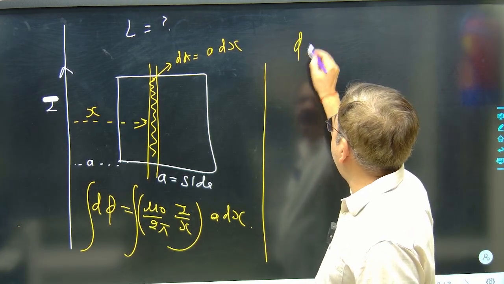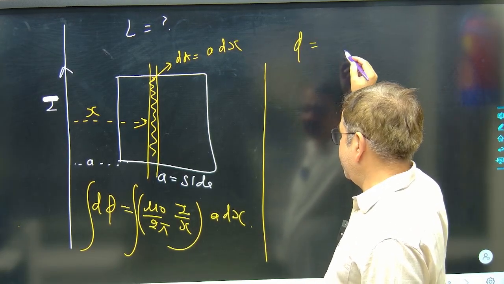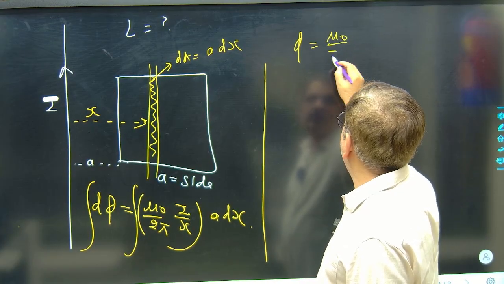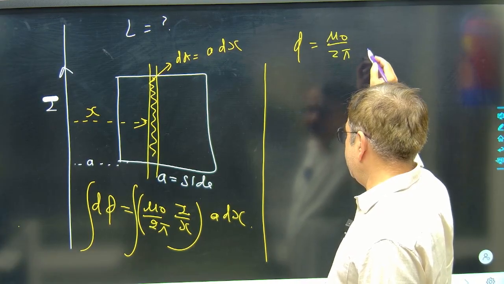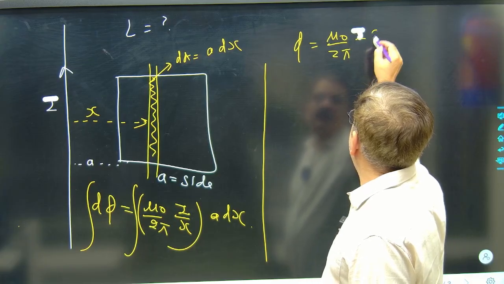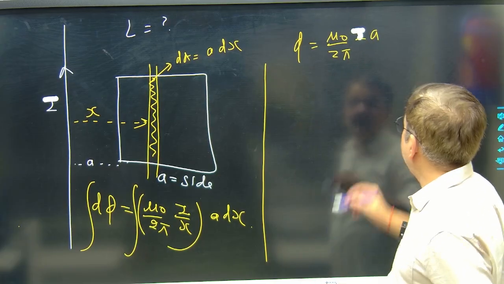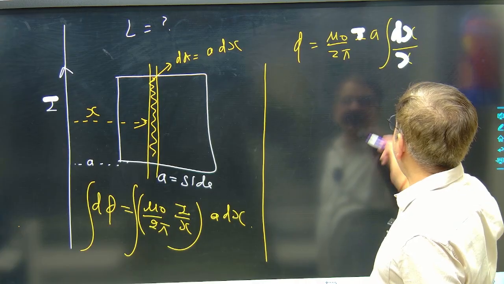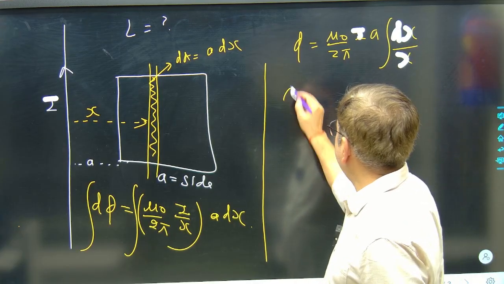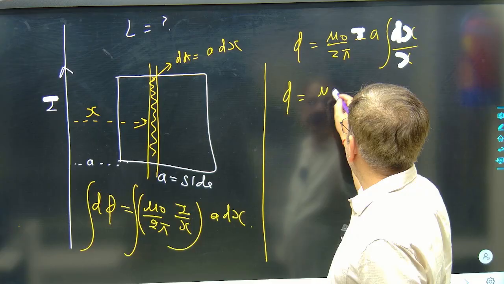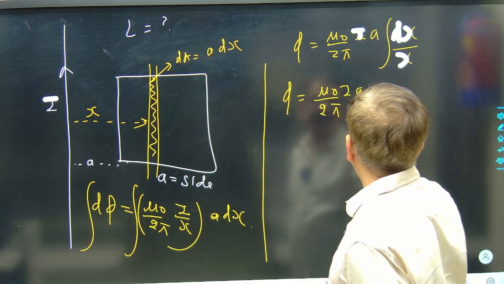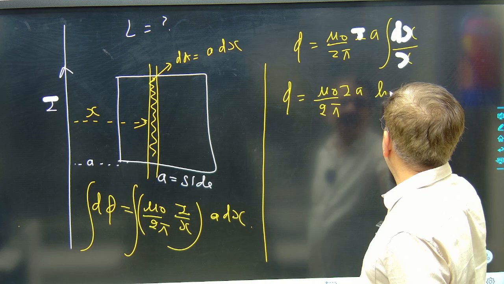Phi is mu naught over 2 pi, I into A, times the integration of dx by x, which is ln x.